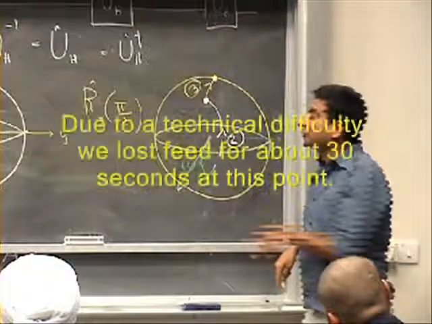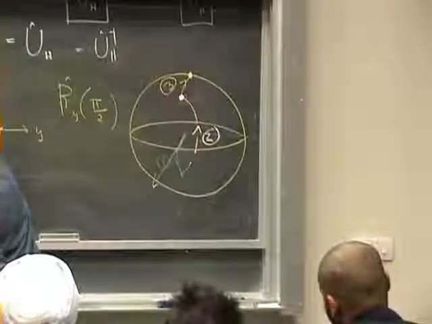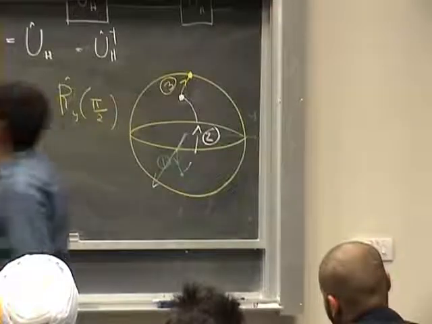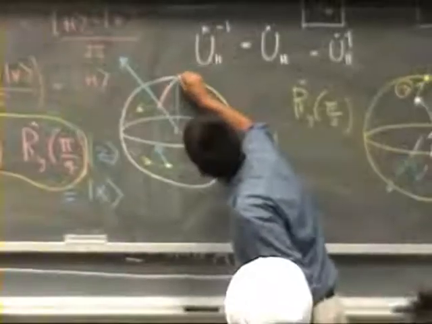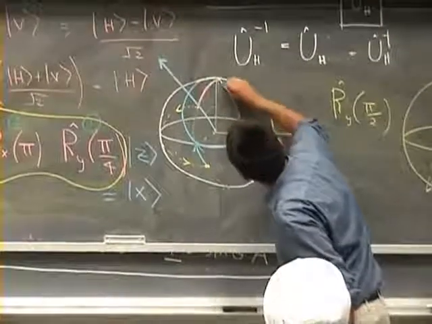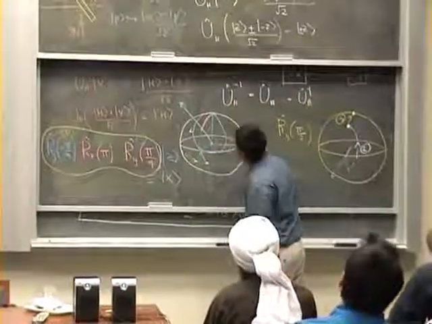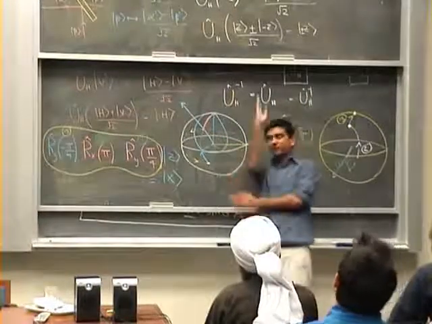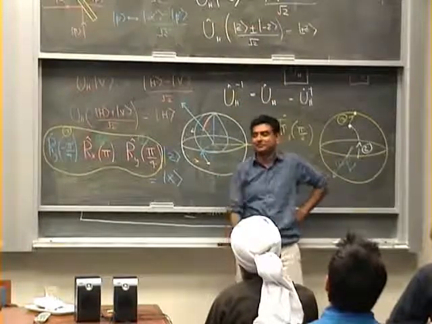So, right, I can make a cone, right? This becomes a cone, right? I can do a 180 degree rotation about this tilted axis and I can achieve a Hadamard gate.